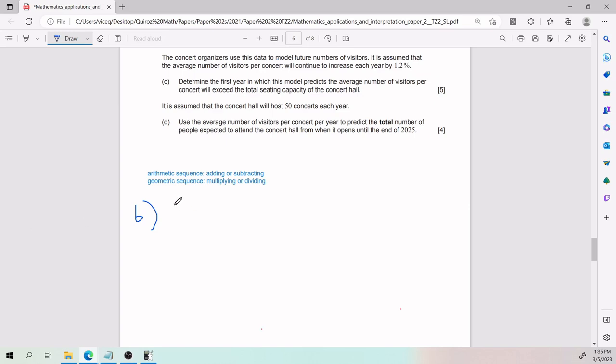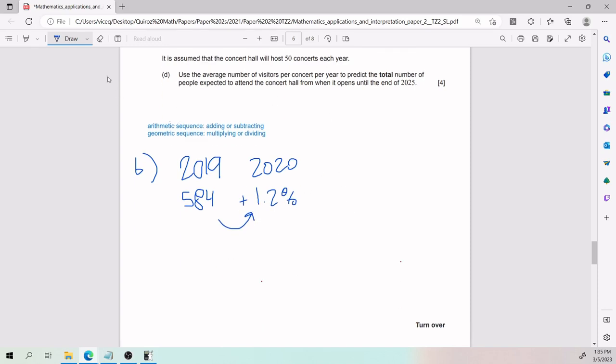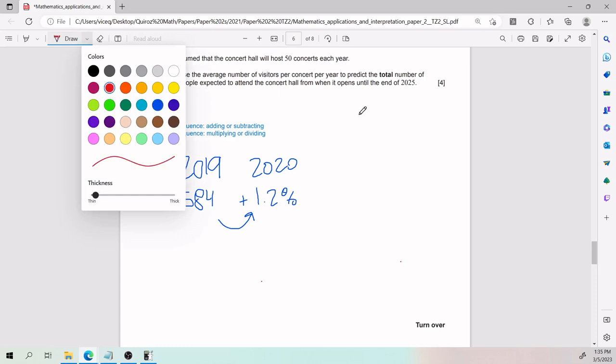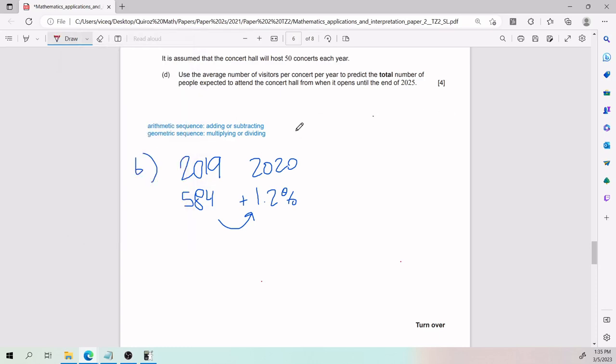But point is, in 2019, okay, we had 584 visitors. 2020, we had a 1.2% increase from last year. So we understand that, right? Intuitively, it makes sense. This year, in 2020, we had 1.2% more people than last year.